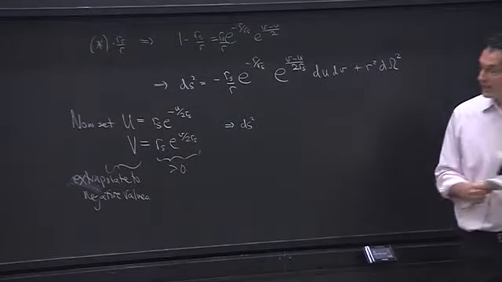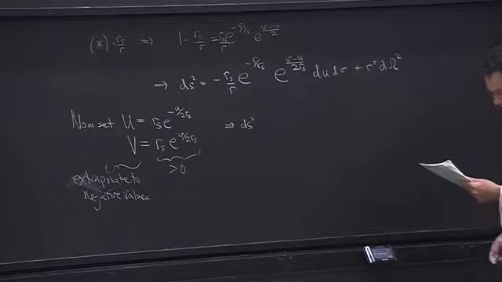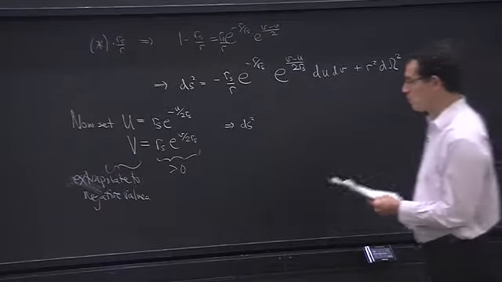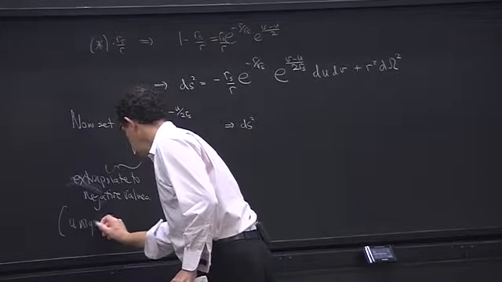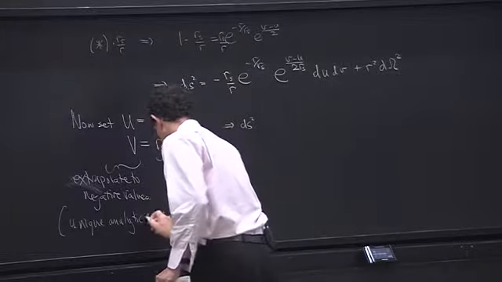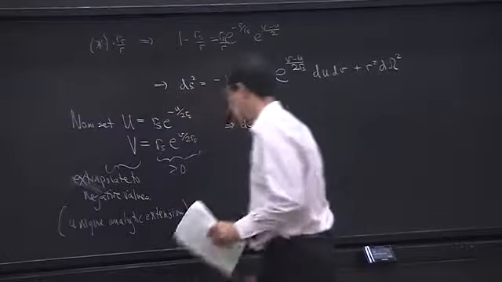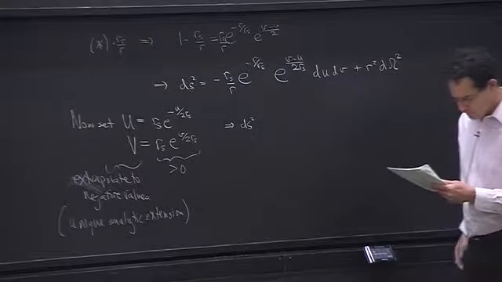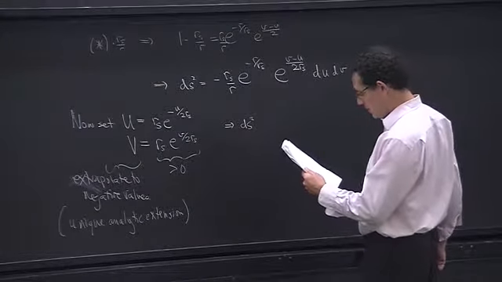There is a unique analytic extension of the metric to negative values. Okay, so we have U and V.